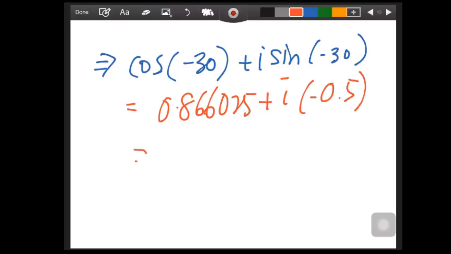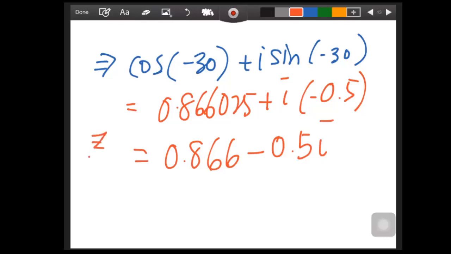So maksudnya akan boleh dapat 0.866 plus dengan minus 0.5i. Okay, so this is the dia punya nilai untuk Z over W.